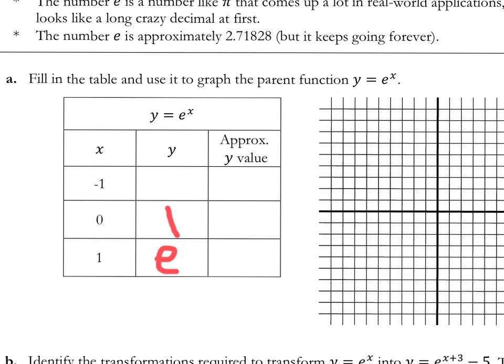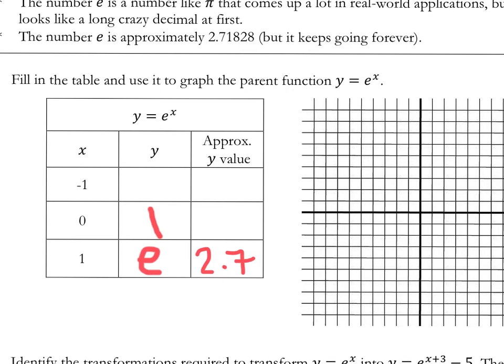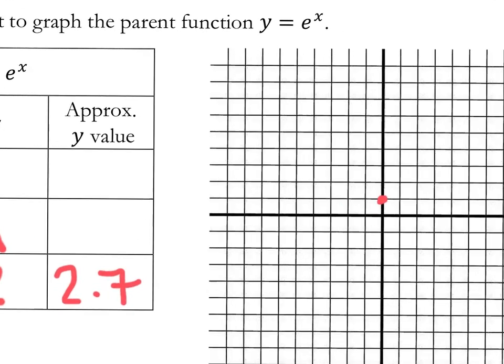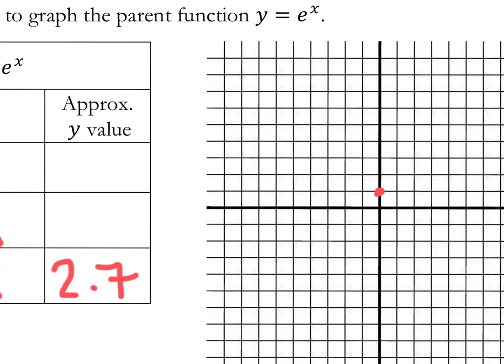But we talked about how e was about 2.7-ish, so you're just going to use that as an approximate value when you go to graph. So we have 0, 1 is a point, and then we have 1 comma e, and so e is about 2.7, so we'll go 1 comma about 2.7, so not quite 3, up here somewhere.